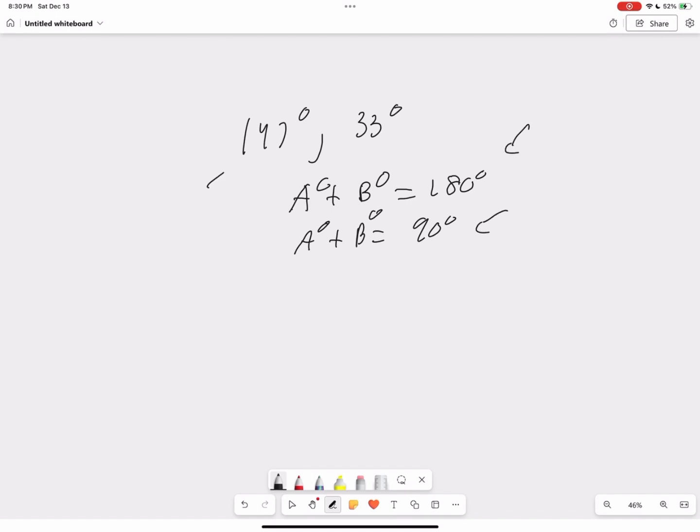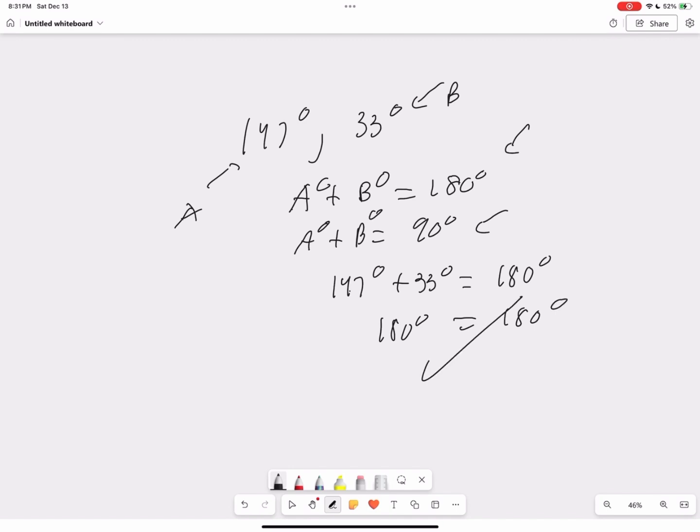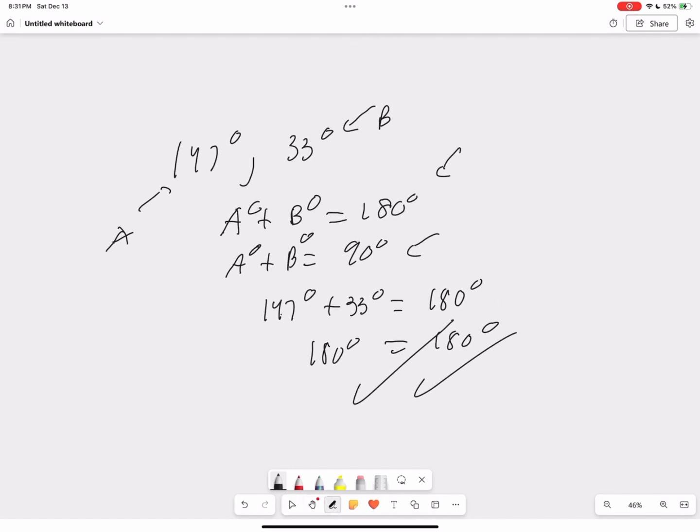So this is going to be A, and this is going to be B. So 147 degrees plus 33 degrees is 180. And the formula says it has to equal 180. So 180 equals 180. So we are supplementary. When we have something like this, it means it's true.